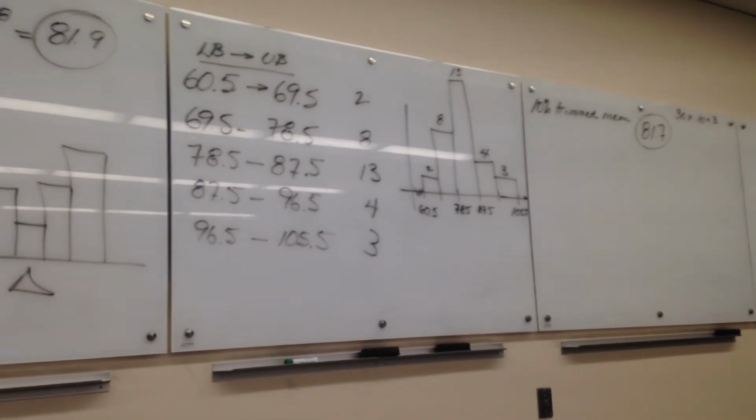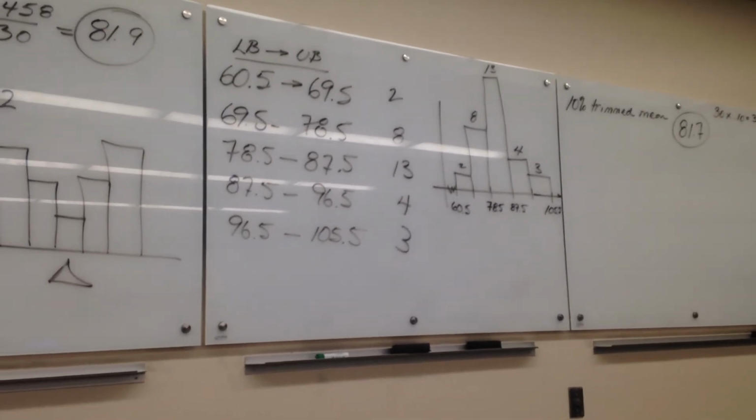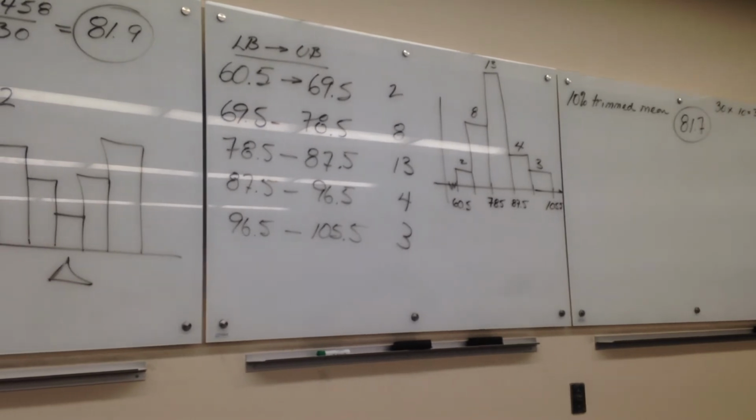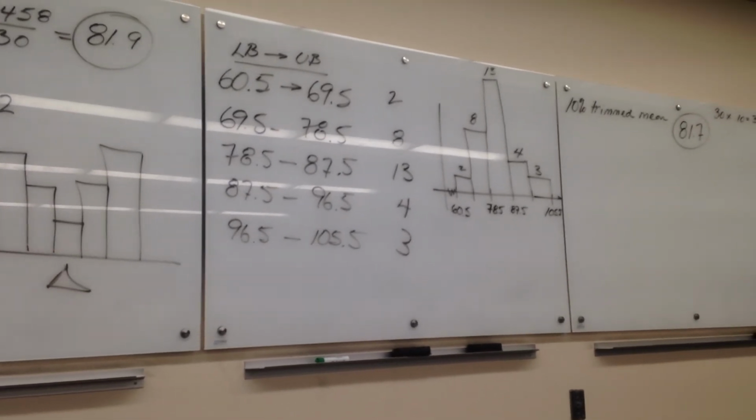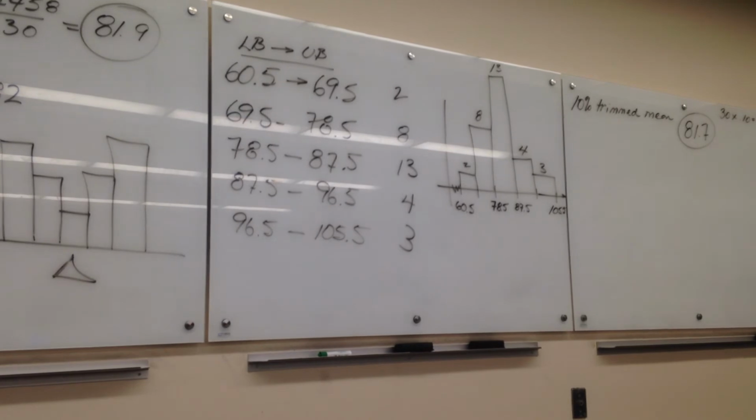Okay. So besides the trimmed mean, I need to do 2 more things with the mean. One of them is there. I didn't even put it on the worksheet. I apologize.